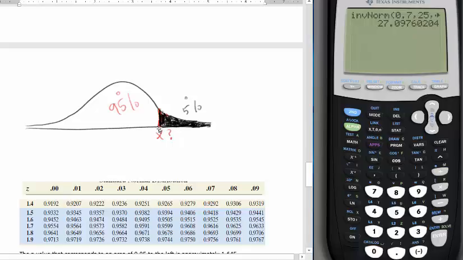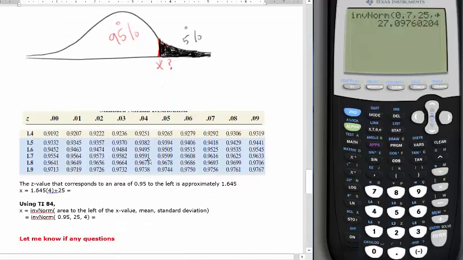I need this value right here that would place a student at the top 5%. Well, if the top 5% is an area to the right, the area to the left is 95%, because 5% plus 95% is 100%. Change 95% to a decimal, it will be 0.95.